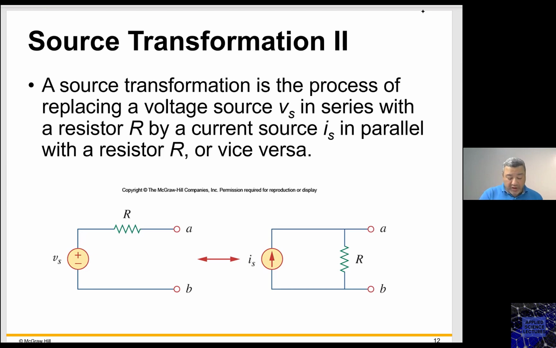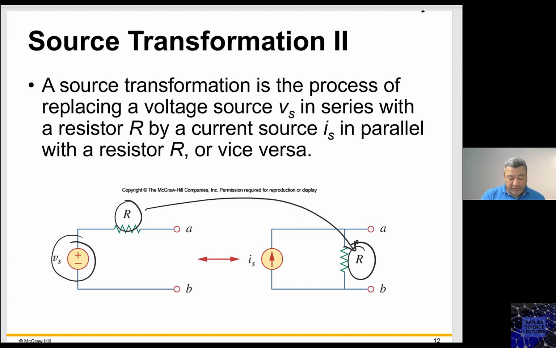Notice that the R did not change between the voltage source and the current source. So the condition is the voltage source has to have a resistor connected to it in series.